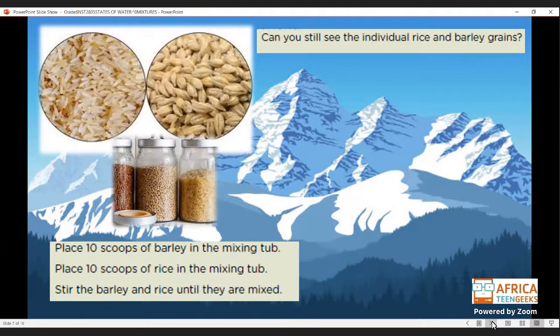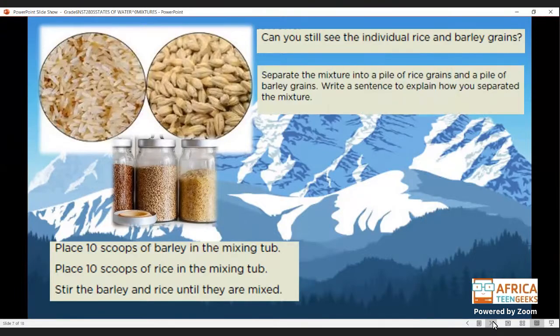Yes, you can still see them. They are both grains as well, which puts them in the same category. So when you mix them, you can actually see both of them. Yes, you can screenshot it, not a problem.